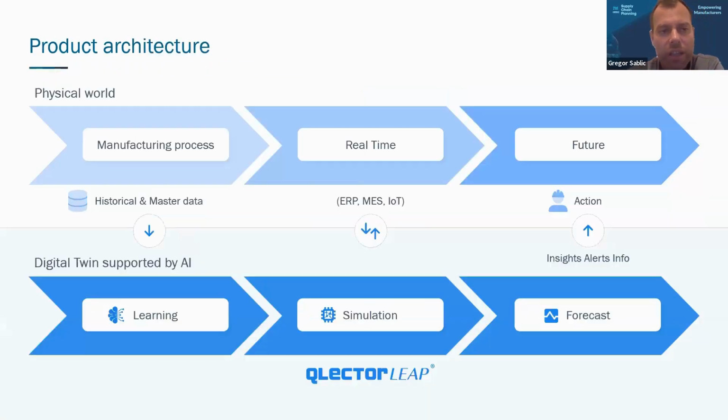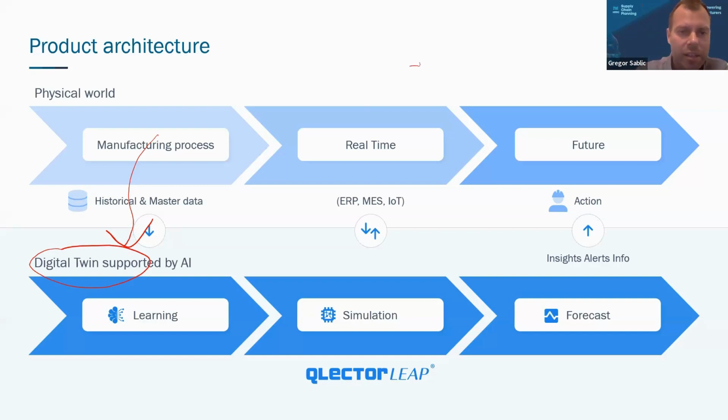Now, how do we achieve that? Technologically, we guide our customers through a journey that begins by helping them collect data from historical parts, so historical data, and master data from ERP. Then we set up the digital twin and also clean this data with the help of the digital twin, supported by AI as well. And we then build a digital twin of production facilities, all production lines, and even the workers at the end.